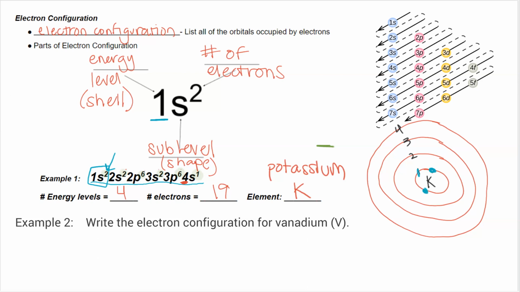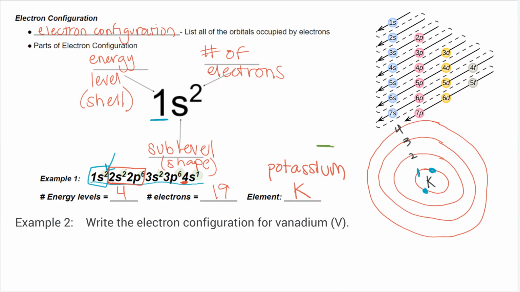All right, then we want to figure out how many electrons go in energy level 2. So I'm going to look at my electron configuration and find all the pieces that start with a 2. I see this one, 2s2, and then 2p6. Those are the pieces of my electron configuration that have energy level 2.